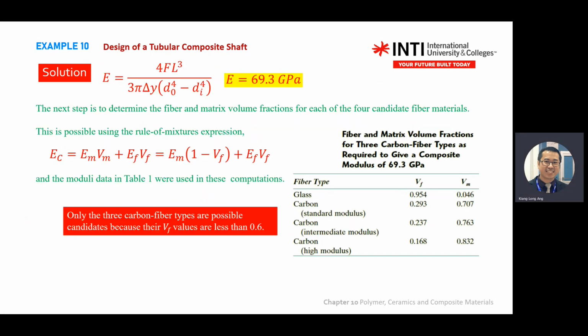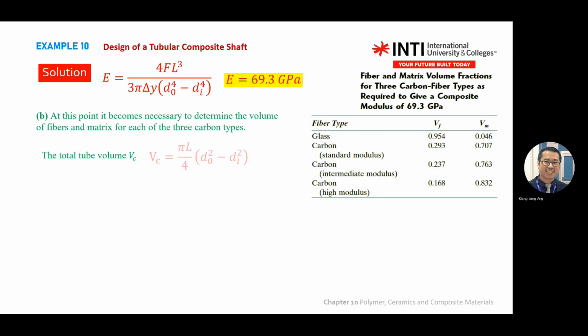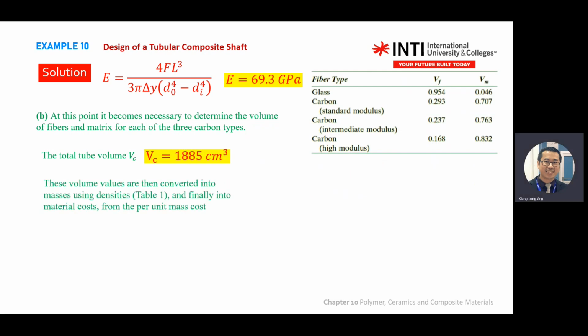It's a design question, right? So a bit lengthy. So the total volume of the tube, you can calculate with pi r square, then multiply by the length, right? The big circle minus the small circle. So the VC here is 188 something in cm cube. Then you take this one, convert to density.